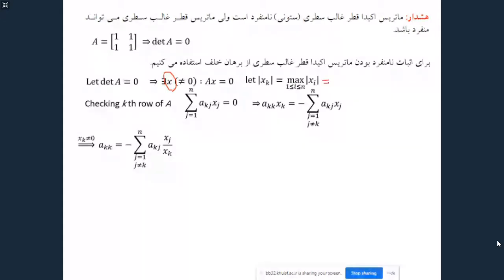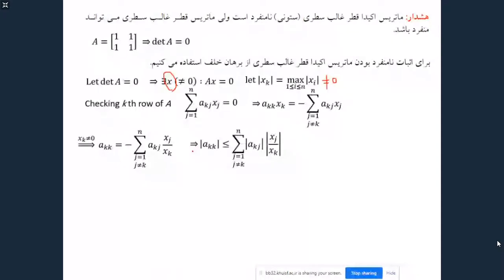It's the maximum of the entries in vector x, so we can divide by x_k. We have a_kk equal to minus the sum over j except k of a_kj x_j divided by x_k.